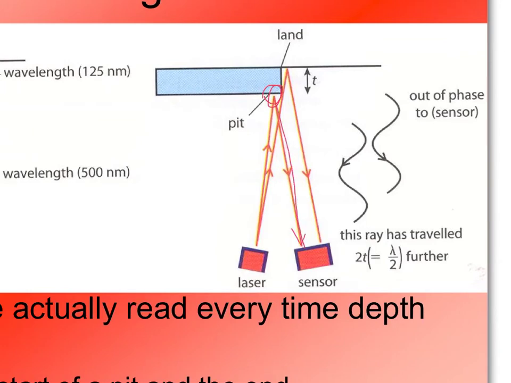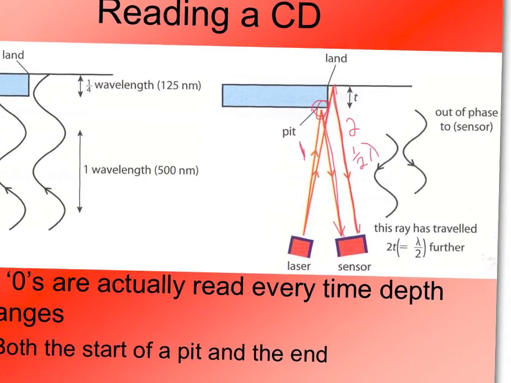The other part goes past the edge of the bump, traveling to the bottom of the pit and traveling back. So this number 2 here is traveling 1/2 lambda further than the first wave, as we just showed. And so that causes destructive interference.